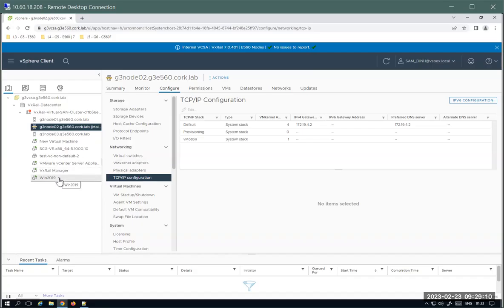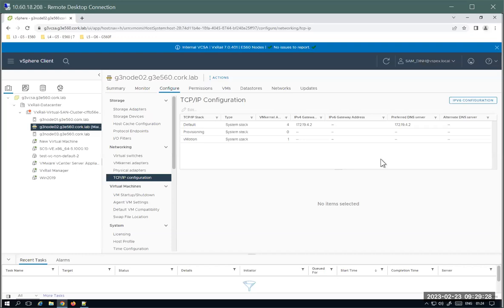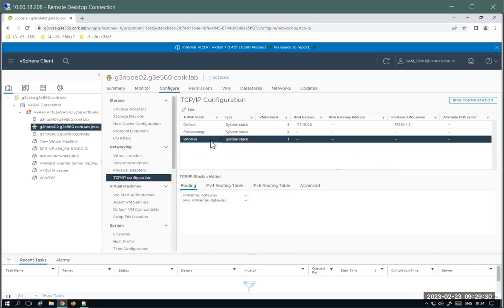And this vMotion happens in about 5 or 7 seconds only. That means we have very fast traffic happening on vMotion. So to make it fast, we don't want encryption, because the vMotion traffic is plain traffic.